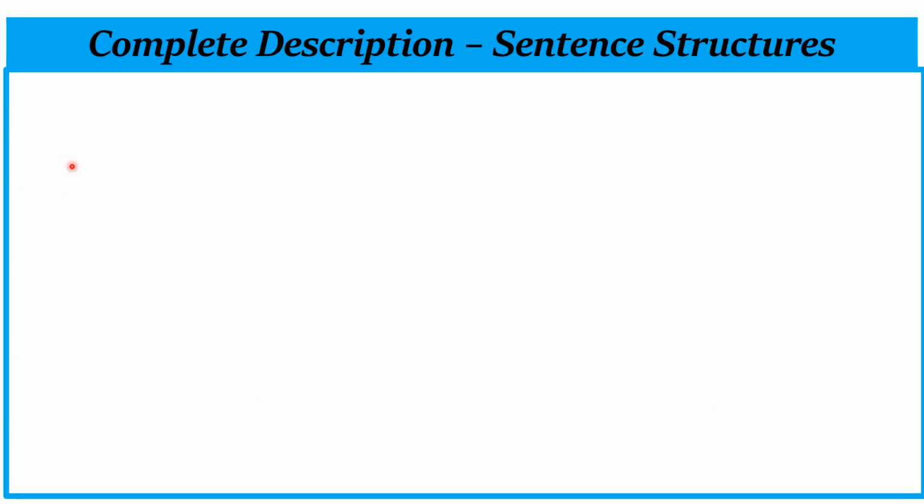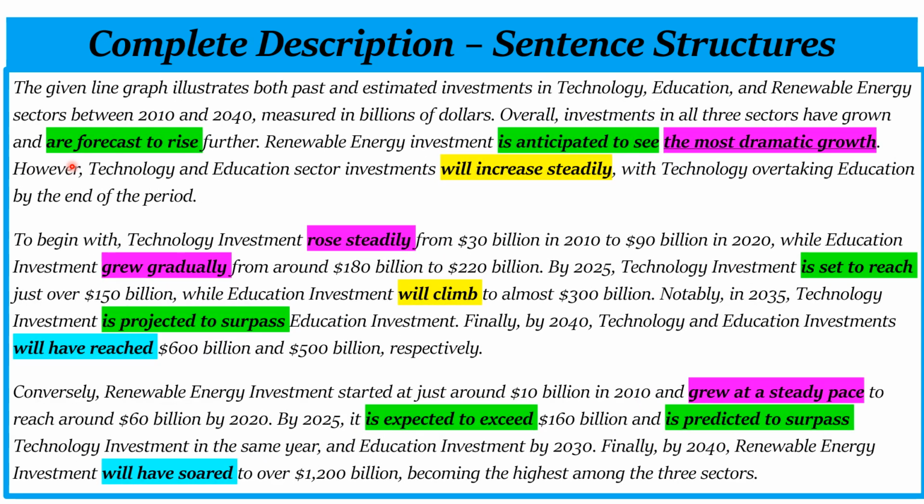Now that we have seen the complete description, let's examine the structures used to describe future trends. On this slide, passive structures used to describe future trends are highlighted in green, while future tense expressions are highlighted in yellow. Future perfect tense expressions are marked in turquoise.